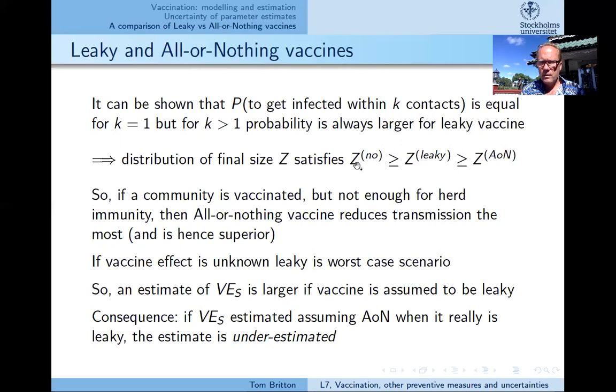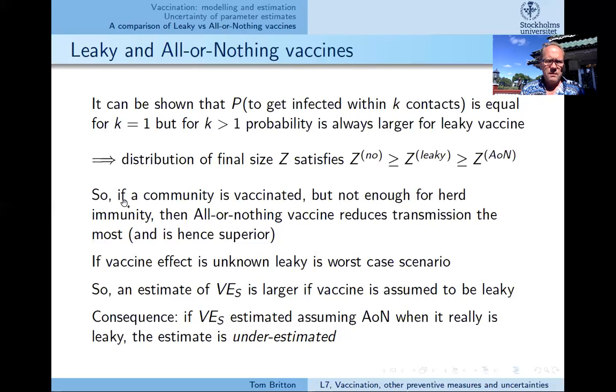But the other way, if there is no vaccine at all, there will of course be even more people getting infected. The basic thing is to show that this expression is equal for the two vaccines if K is equal to 1, but it is larger for a leaky vaccine when K is larger than 1.